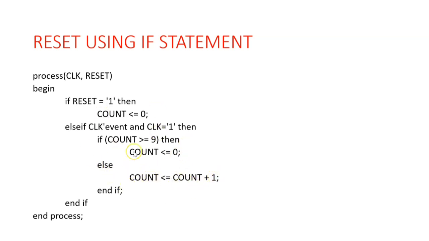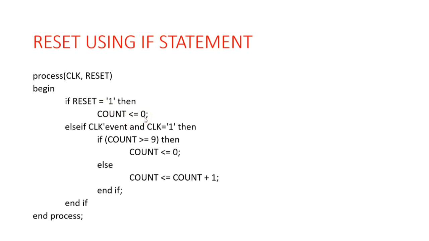So this is a simple working of a counting operation, or a counter. It counts from 0 to 9. You are performing a reset: if reset is equal to 1, then count is 0.